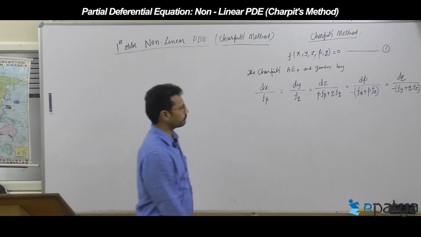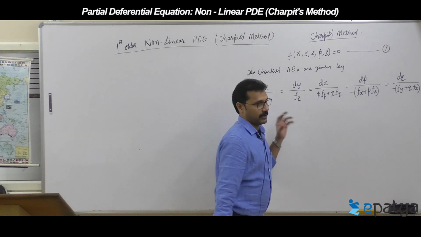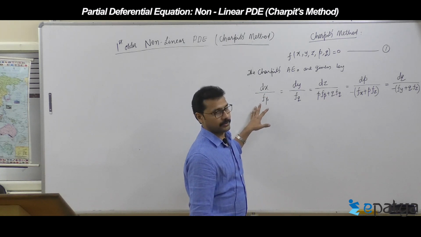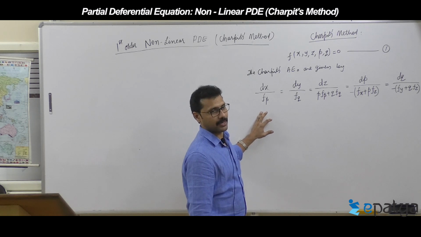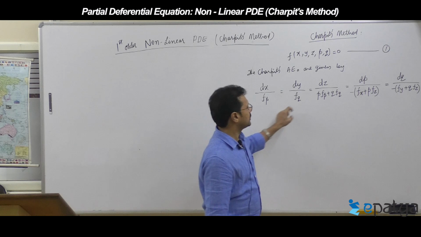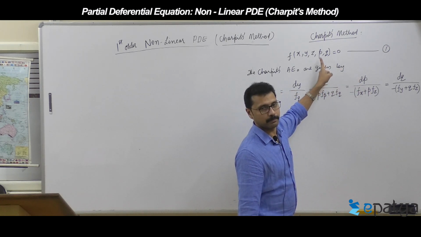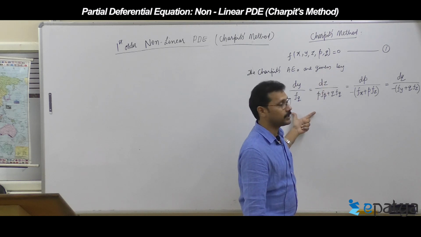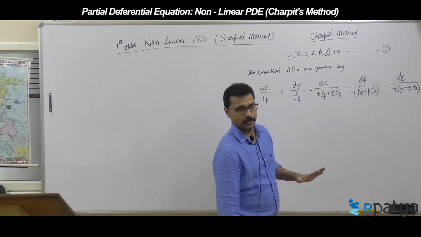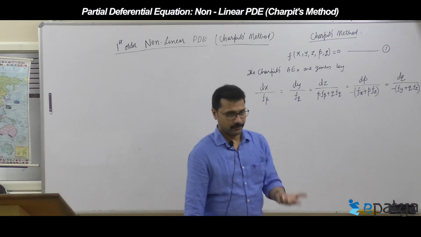Now, what we have to do here? These auxiliary equations I have to solve and determine what is p and what is q. There are different ways of doing that.